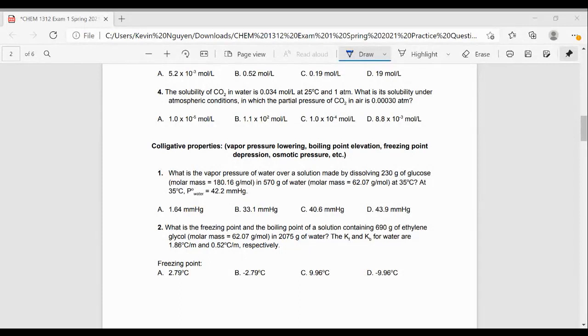For number 4, it looks like we're trying to compare concentration and pressure, right? Concentration and pressure are related by Henry's law, basically, so we're going to use a version of Henry's law. Let me go ahead and write this one out really quick for you, because I think it's a little more complex than the other ones.